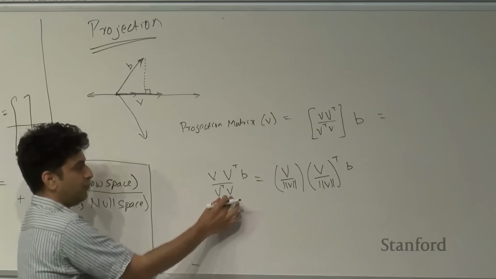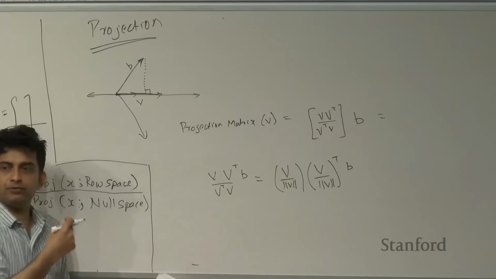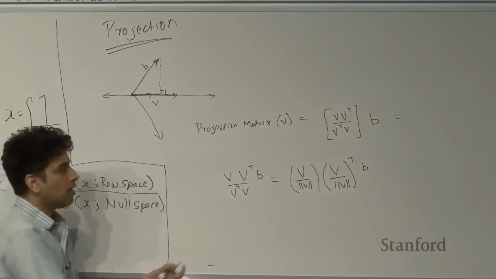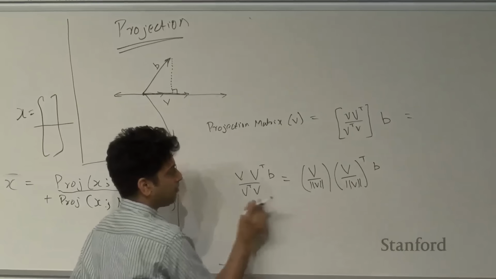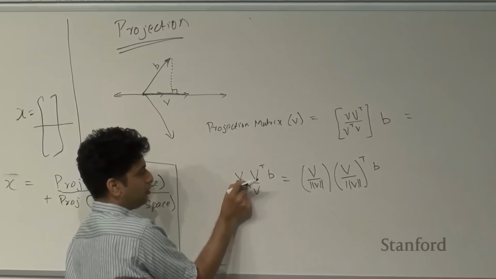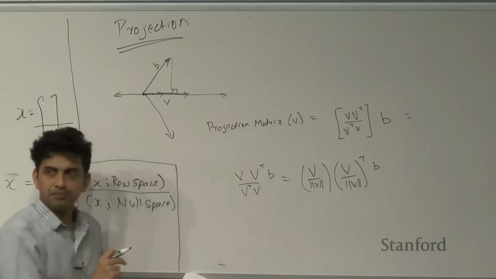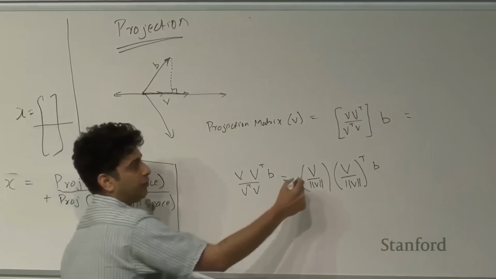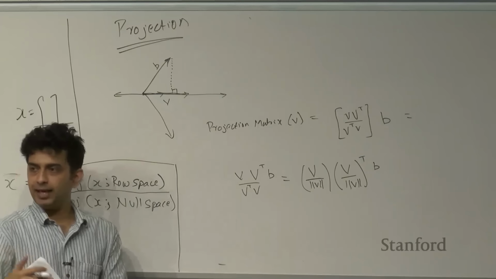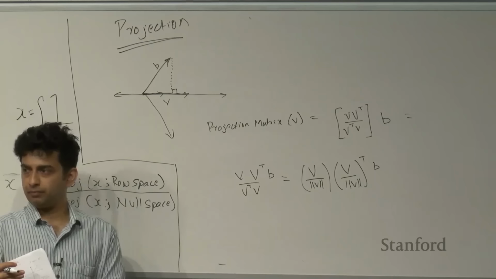So V transpose V is the same as the norm square of V, the square of the length. I distribute one of the length to this and one of the length to that. So when you divide a vector by its length, you're effectively rescaling it into a unit length vector.